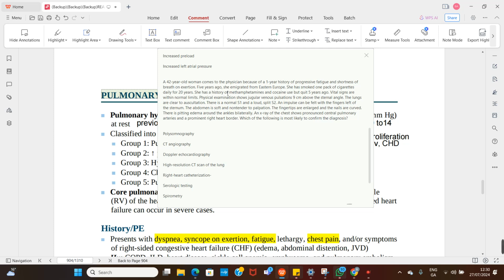Some of that is smoking. What do you think? Anybody? The right heart catheterization. What is going to confirm the diagnosis? So it's going to be right side catheterization. That's very correct.